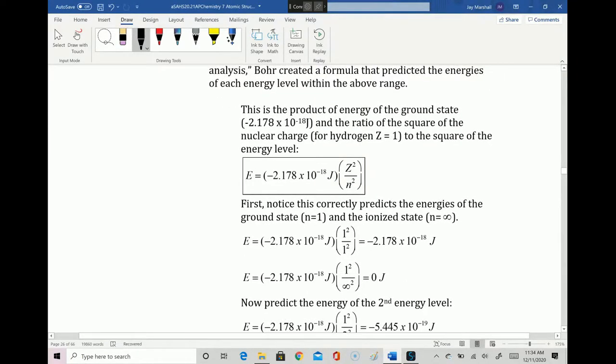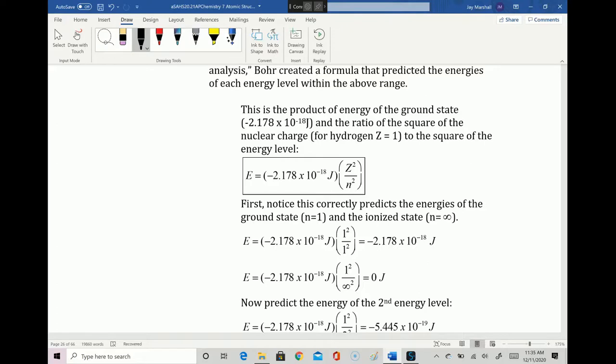And this is the product of the energy of the ground state times the ratio of the square of the nuclear charge. The nuclear charge is Z. And it's going to be 1 for hydrogen, right? Because I've got 1 plus or 1 proton. So that's going to be 1 squared. And this is going to be the quantum number, and that's going to be squared as well.